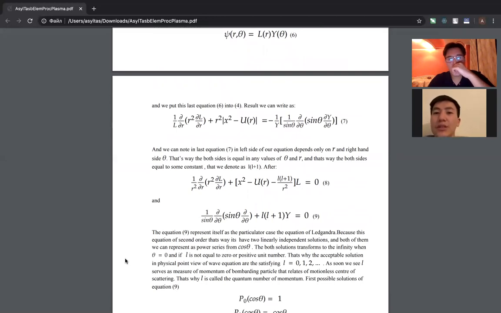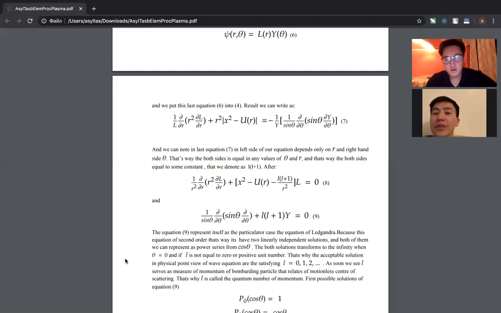Now we know that in the last equation the left side depends only on r, and the right side depends only on theta, so both sides are equal for any values of theta and r.